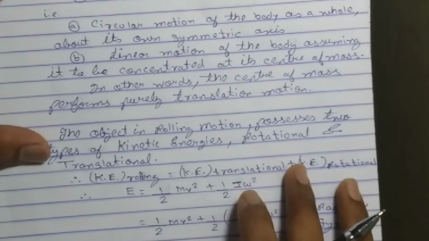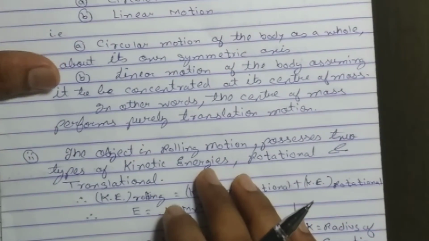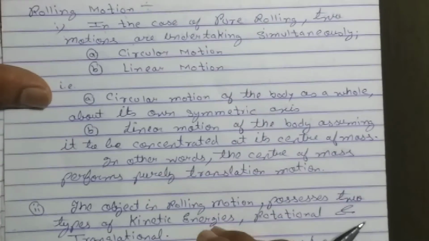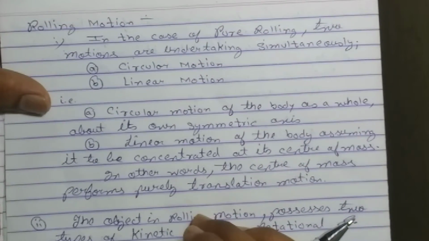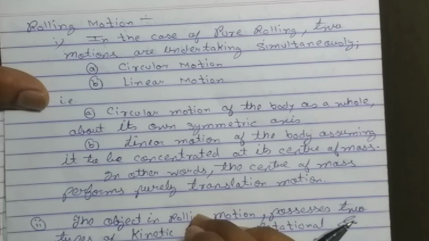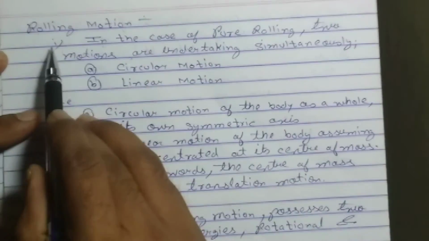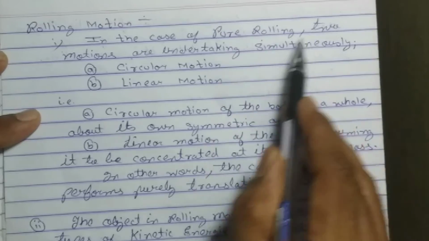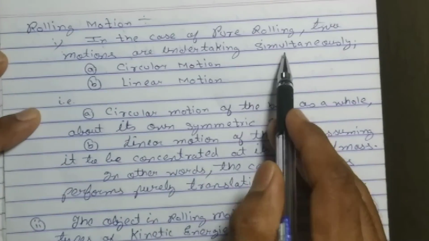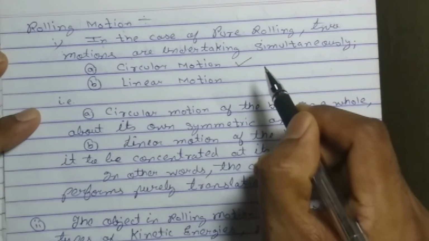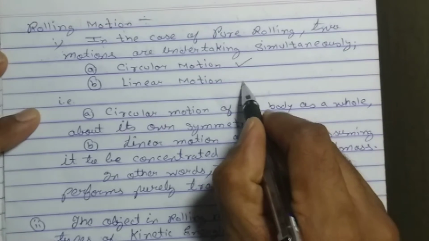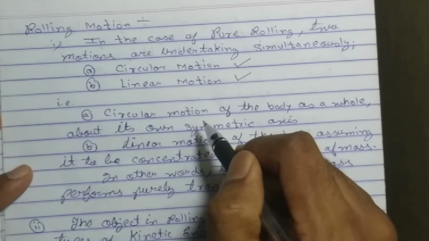So students, let me explain the basic concept of this body. Let us do some theory part and then we will do the derivation for kinetic energy of the rolling body. Students, when a body is in pure rolling, two motions are undertaken simultaneously. First is circular motion, and second is linear motion.